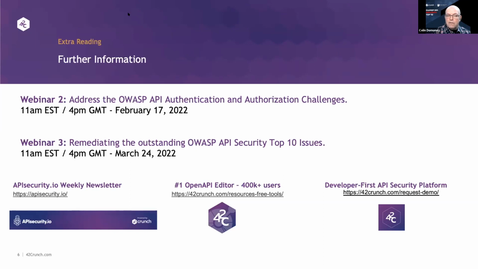Are you a pragmatist? Are you an optimist or pessimist? On the balance of things, I'm quite optimistic. The attack surface is getting bigger, the technologies are getting more complex, and intuitively it feels like the problems are going to get worse.